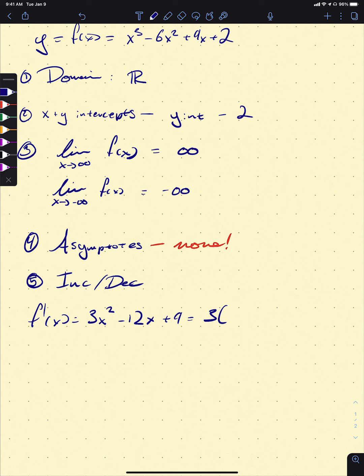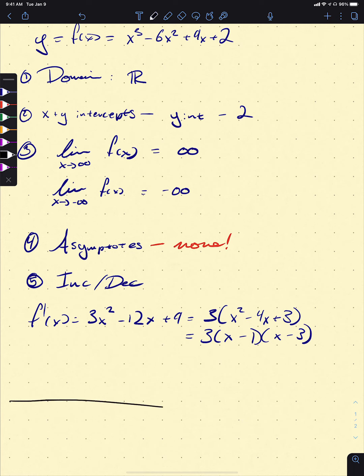It's going to be x squared minus 4x plus 3, and that's going to factor nice and simply into x minus 1, x minus 3.